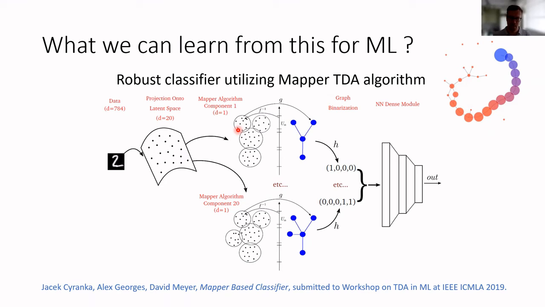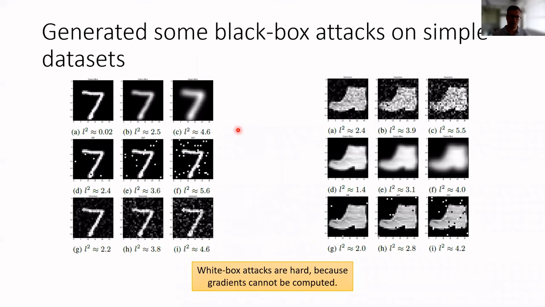So the problem with propagating gradient and computing gradient with respect to input is gone. So the only thing you can do is to perturb images using some standard method like blur, salt and pepper noise, or some random Gaussian noise.